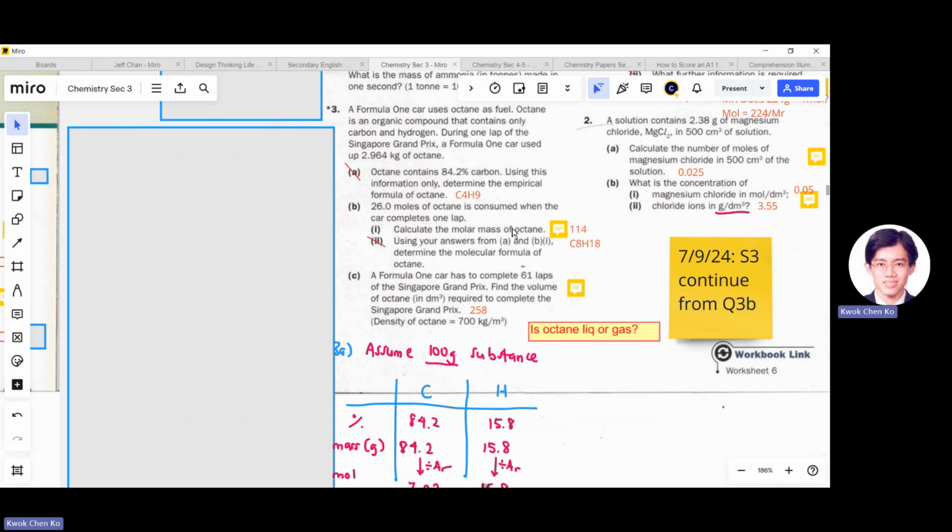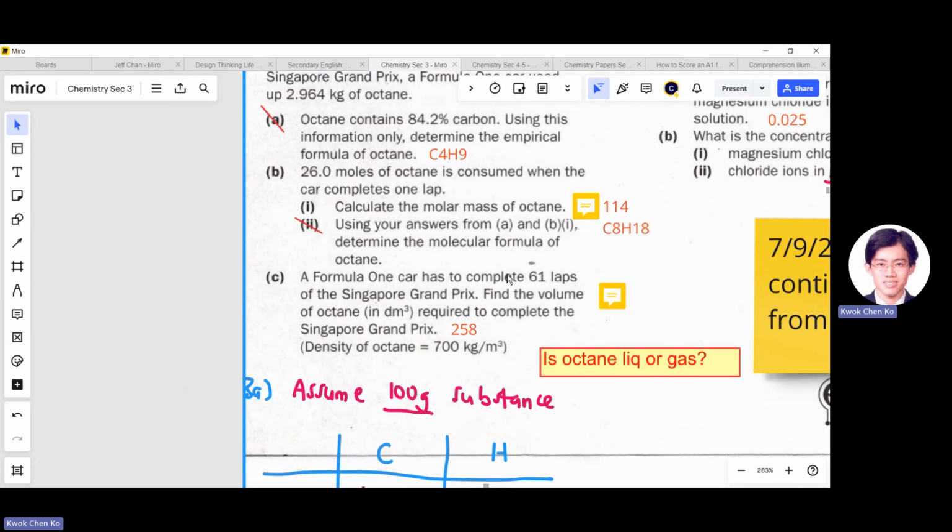Oh, Angel, question? No. Okay. Ethan, do you manage to get B part 1? Calculate the molar mass? Yes.